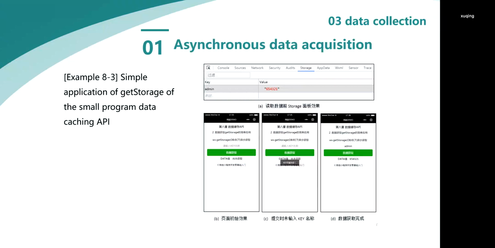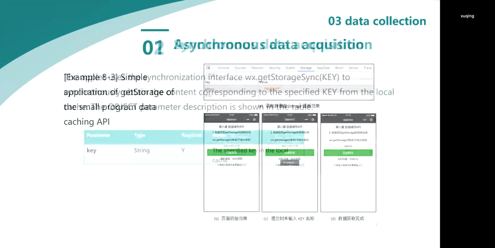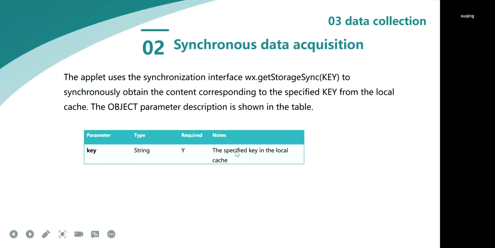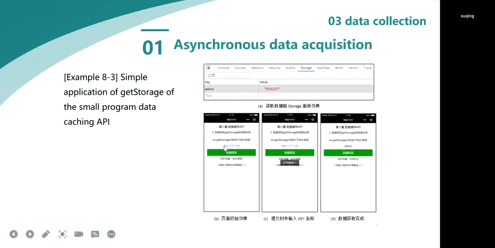Do you remember in Weixin ML, we have the input component to enter the key name, and we use the button component to get the data. We have the view component to display the acquired data.